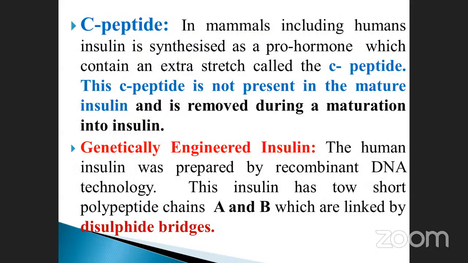And the next one is C peptide. What is the meaning of C peptide? Okay, you know what about that? In mammals, including humans, insulin is synthesized as a pro-hormone. Normally, hormones and enzymes are not secreted directly as active hormones.